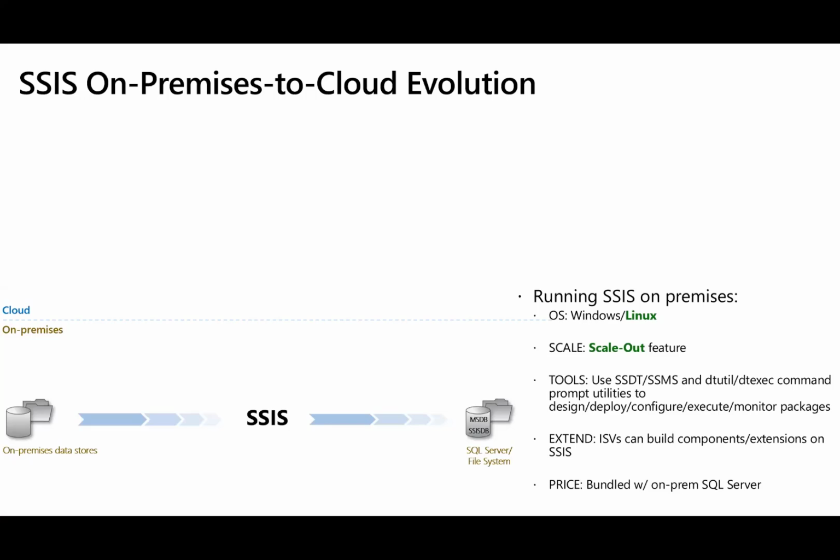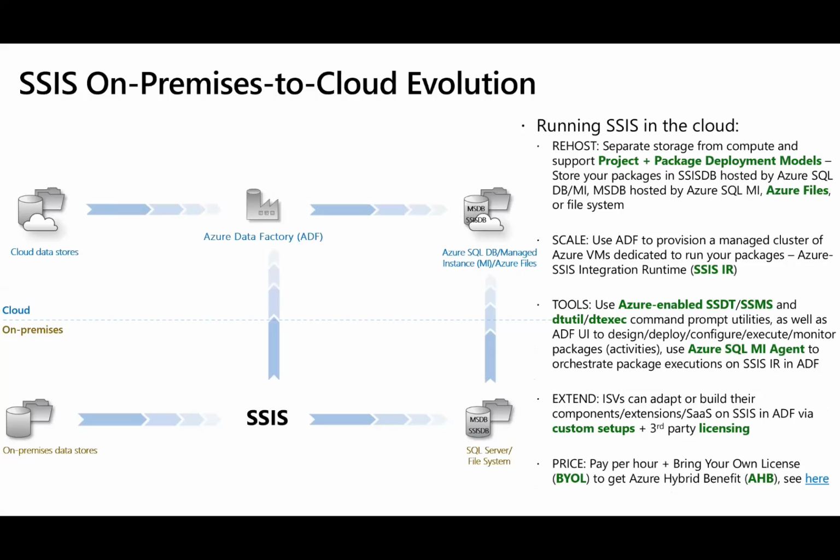When we lift and shift it to the cloud, the first thing we do is make sure that we support both models, the project and package deployment models, because from our telemetry we saw that even though the project deployment model, where you deploy your packages and project into SSISDB, is the most recent and most modern one, about 60% of our SSIS on-premises are still running the package deployment model.